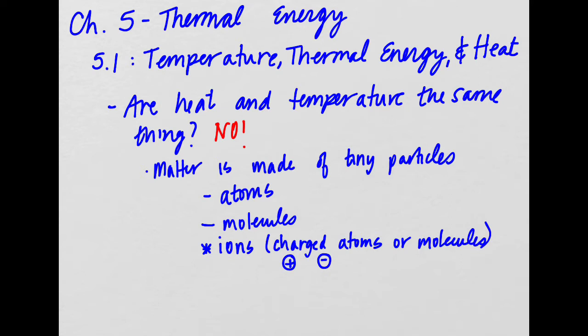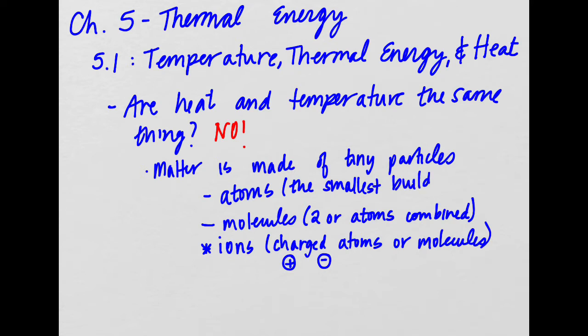So we'll say that molecules are two or more atoms combined, and atoms are the smallest building block of matter. I think I might have already given you those definitions in a previous chapter, but there you go again.